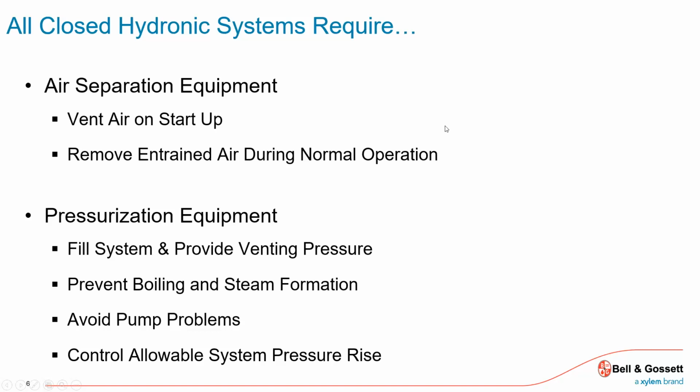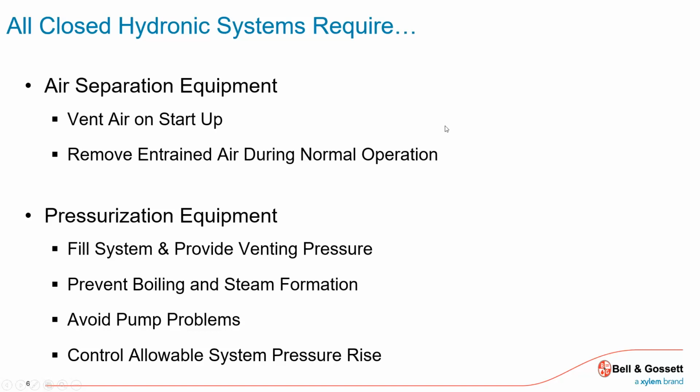And then I also don't want the water to get so hot that I could actually boil the water or create steam formation. So I want to make sure the pressure is above the vapor pressure so that even if the water is really hot, it stays hot water. It doesn't change its state.